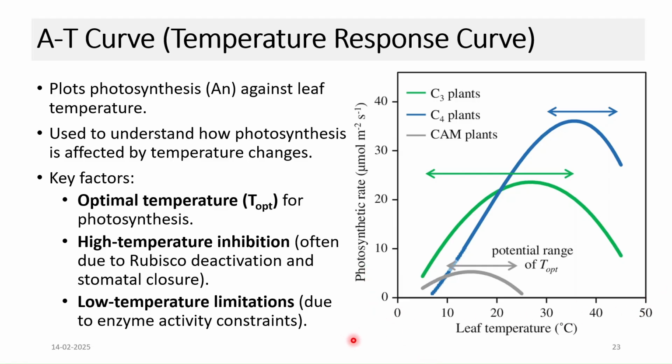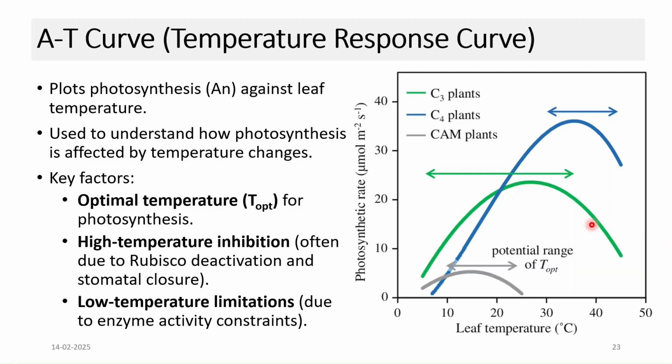It is leaf temperature. Generally we think that when the temperature keeps increasing, the photosynthetic rate keeps increasing, but that is not the case. The photosynthesis will keep increasing until a certain point, after which it starts decreasing at high leaf temperatures.